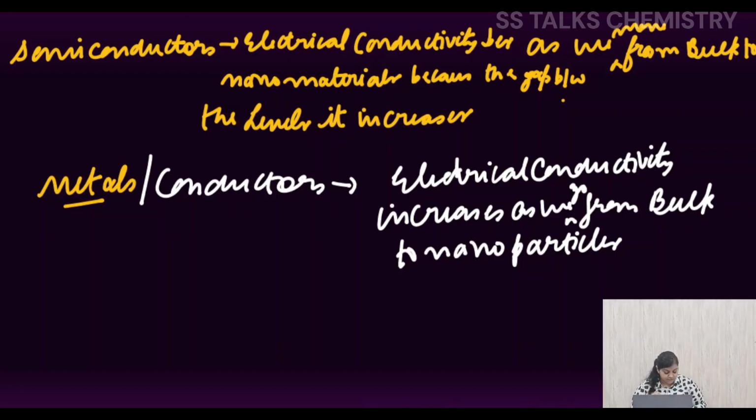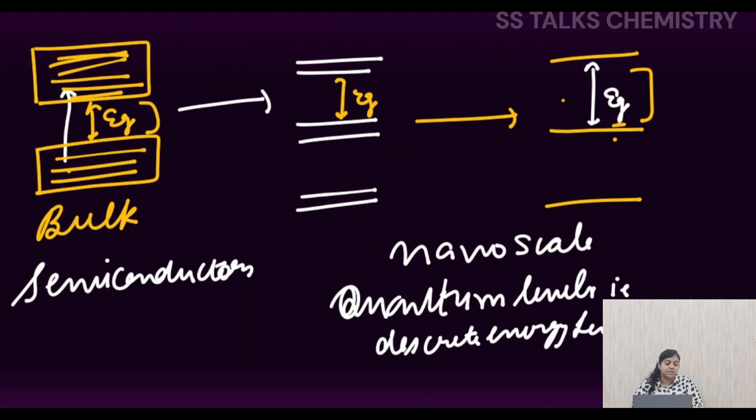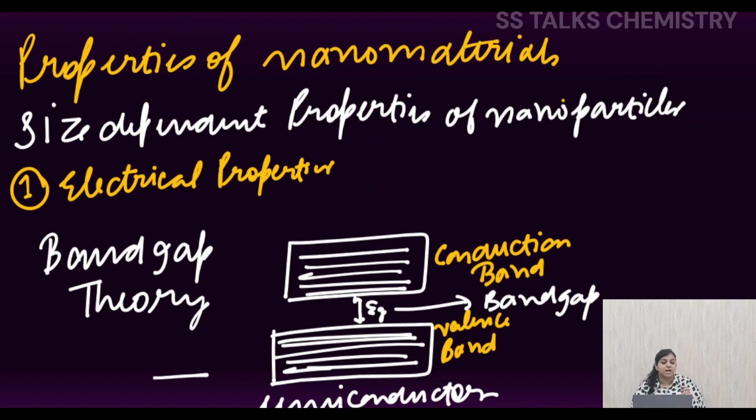How do they change when you are shifting from the bulk material to the nanomaterial? The reason for the change in the properties lies in these facts. From the band gaps, now you are going to the quantum levels. Okay, so this was your first property that is dependent upon the size, which was my electrical properties. That is basically the conduction is affected when you are going from the bulk materials to the nanomaterials.